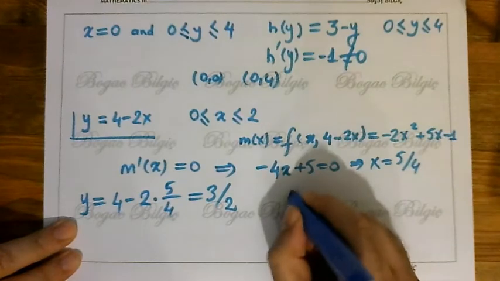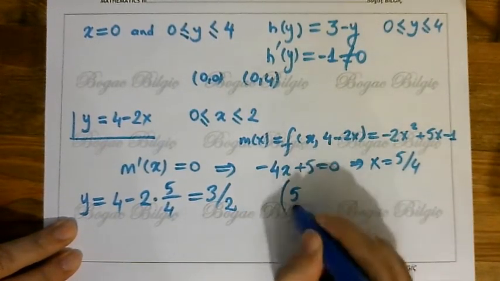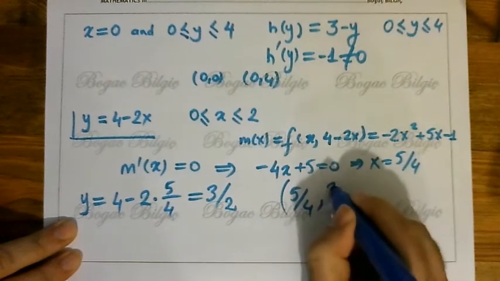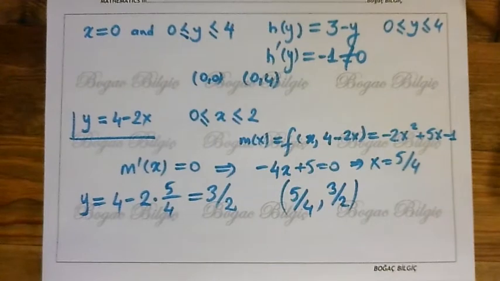And the point is (5/4, 3/2), a candidate for absolute extrema. Also, endpoints (0, 4) and (2, 0) are candidates for absolute extrema.